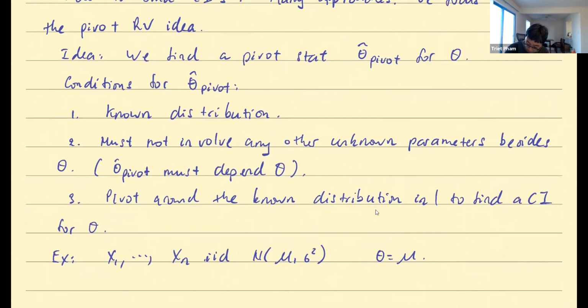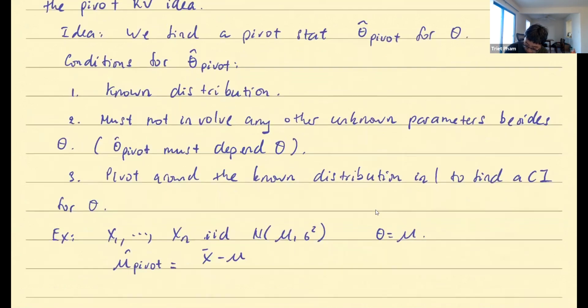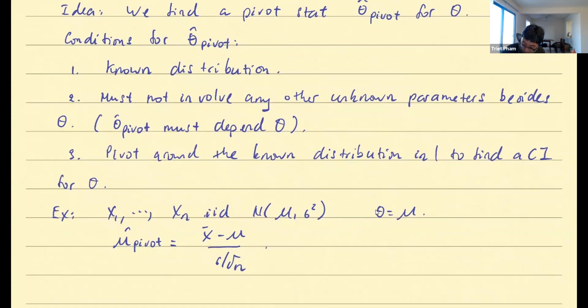We discussed that our theta hat pivot, or mu hat pivot if you will, is X bar minus mu divided by sigma over root n. Now let's check that 1 and 2 are satisfied. 1 is satisfied because X bar minus mu divided by sigma over root n is a normal 0, 1, so it has a known distribution.